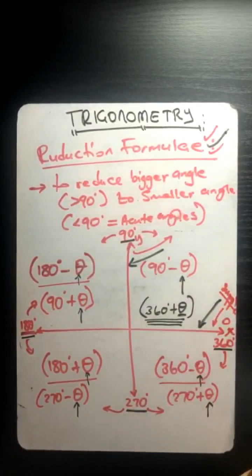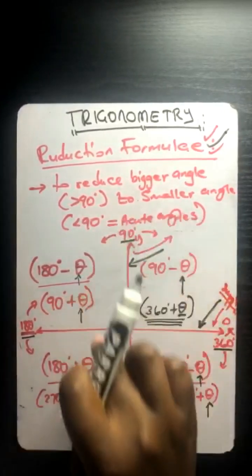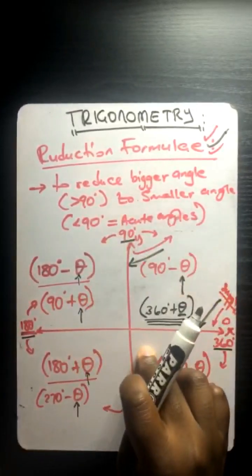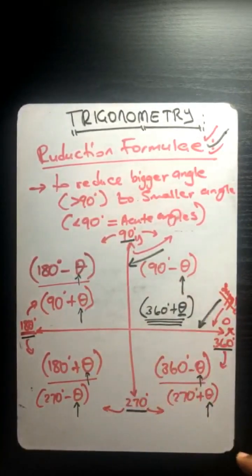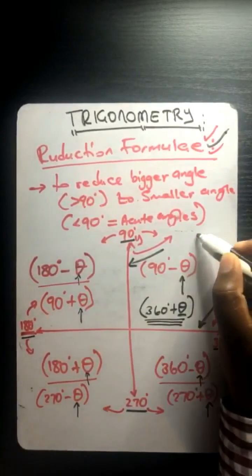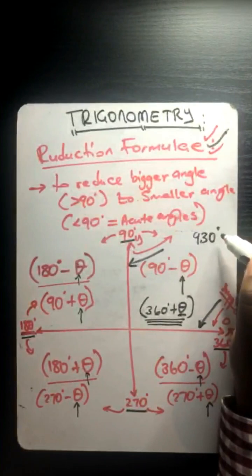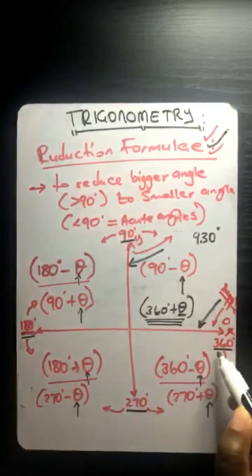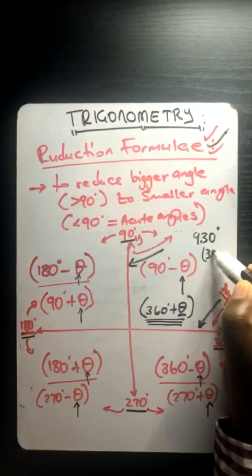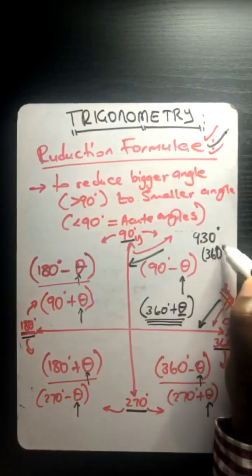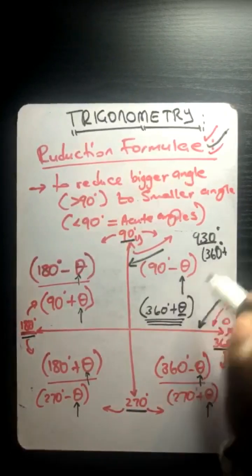For now, I just want to say it doesn't mean it falls in this quadrant, that, or that. It will depend on the value that you have. For example, let's say 930 degrees. Can you see 930 degrees is greater than 360? So that means it's going to be 360 degrees plus whatever angle. What will that angle be?